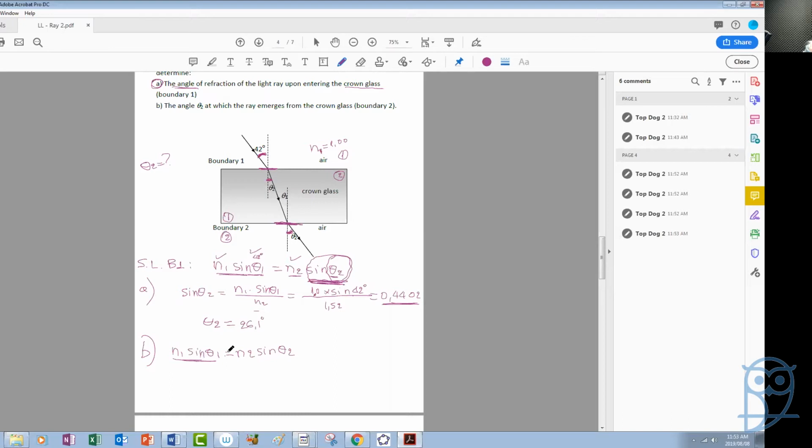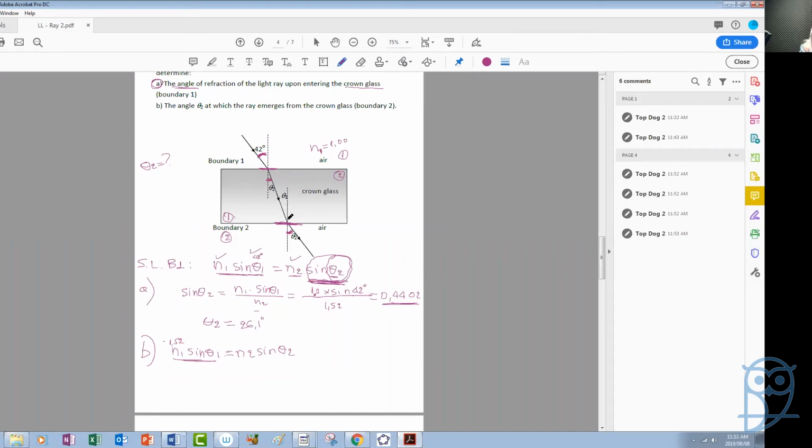Now, so N1, in other words, is the index of refraction of the crown glass, which is 1.52. We are referring to the crown glass now because our first medium is the incident ray for boundary 2 now.